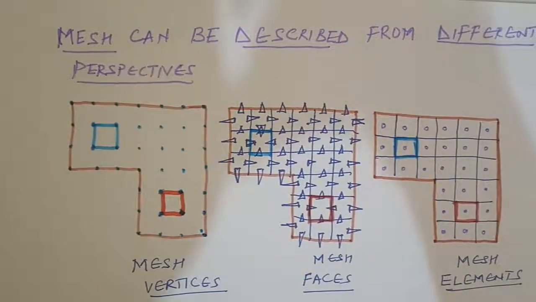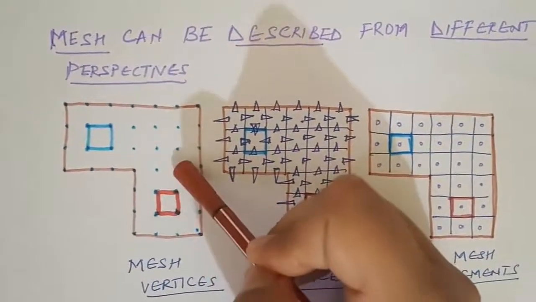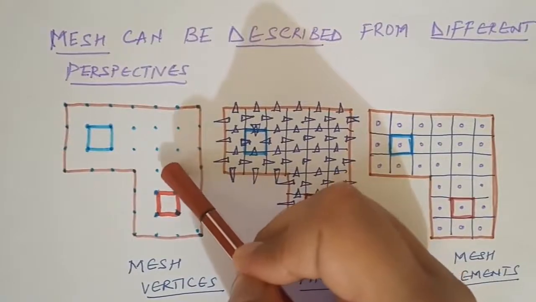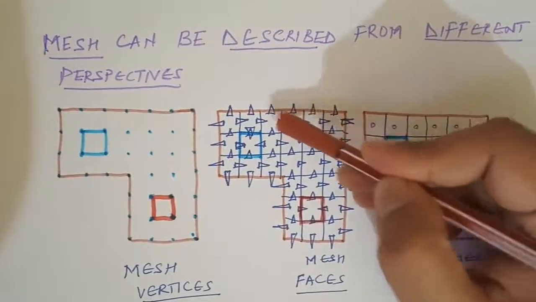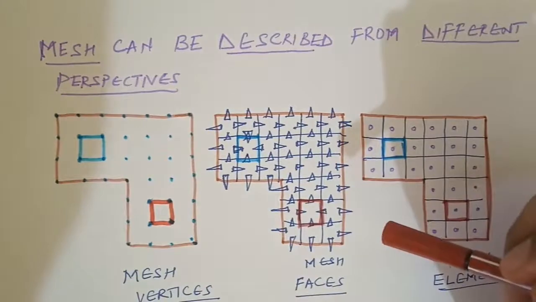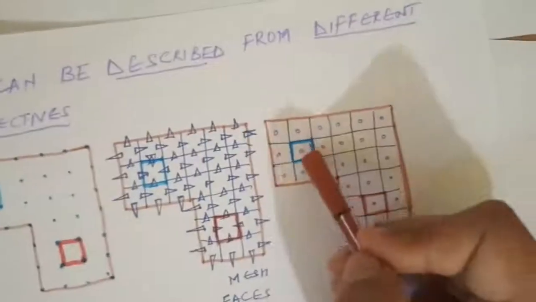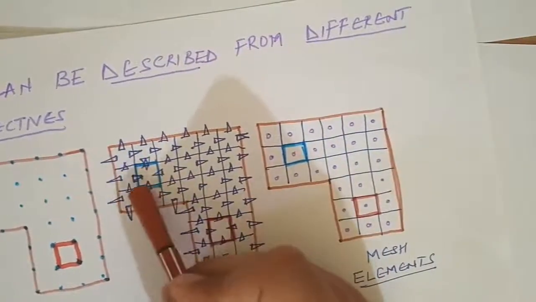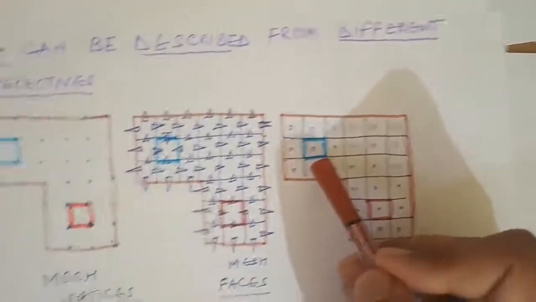Now to completely define the mesh, we need to define its constituent elements. These points are called vertices. So these are the vertices of the mesh. These are called the faces of the mesh, and these form the interface through which each of these boxes interact with each other, and these boxes themselves are called elements.